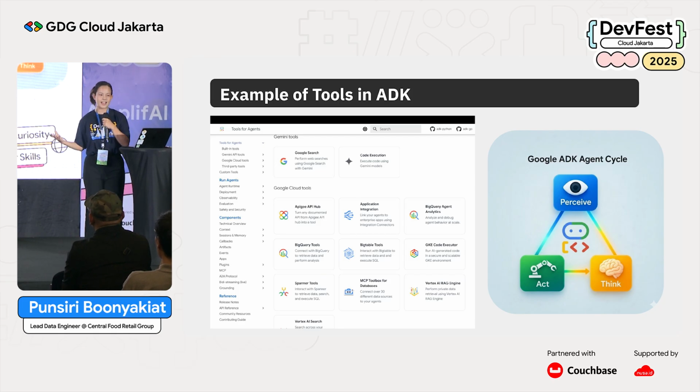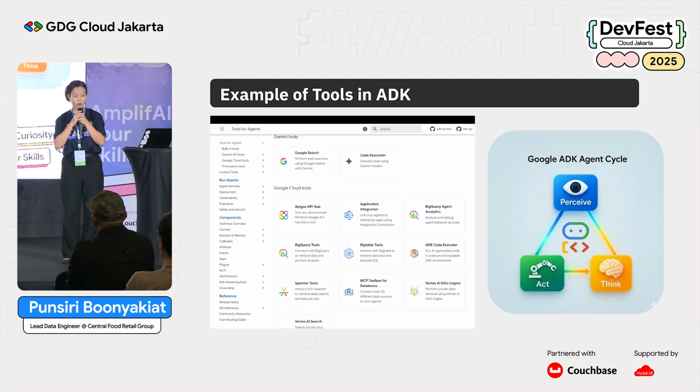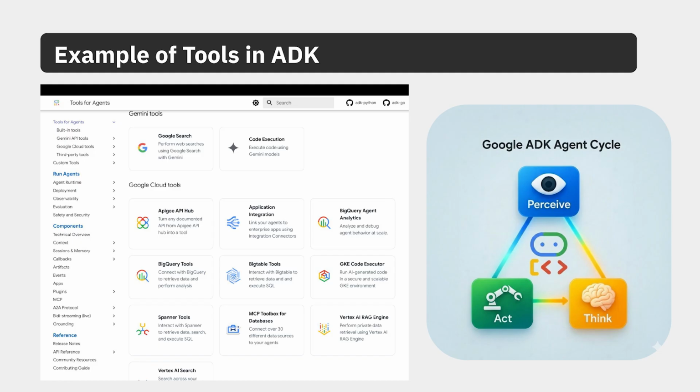So you may ask, how many tools do we have with Agent Development Kit? I can say a lot, exactly. This is the page of Agent Development Kit. Basically you get the Google search tool, which I just demoed to you. You get the code execution tool, and you can get tools for every infrastructure that you have in Google.